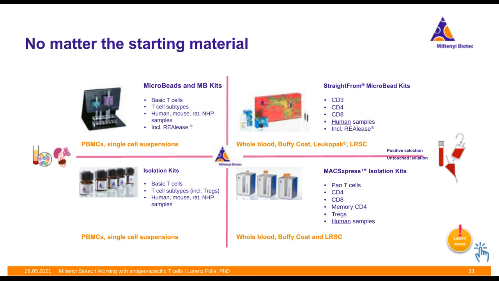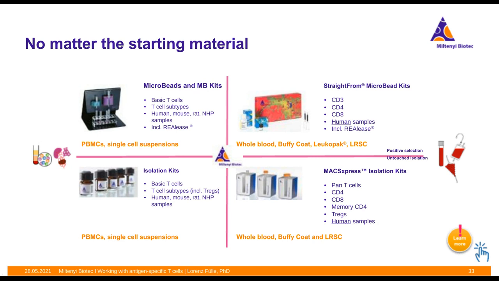However, if you want to skip, for example, density gradient centrifugation to isolate your PBMCs, you can also use our so-called straight-from microbead kits. The straight-from microbead kits are for the positive isolation of human CD3, CD4, and CD8 positive T cells. Straight-from is a very reliable way to get your T cells super fast.